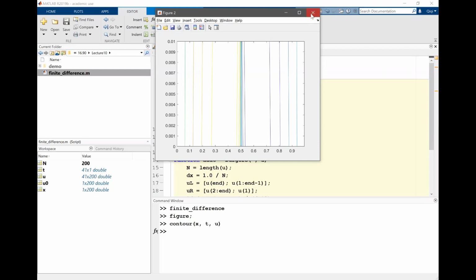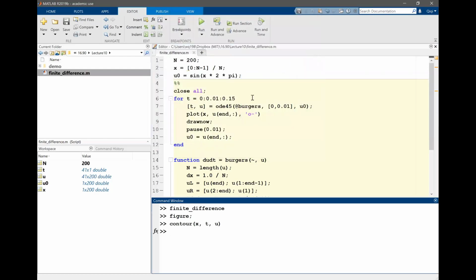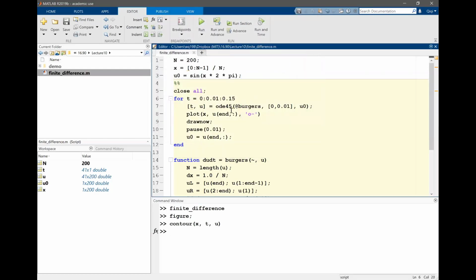Okay, so I think I'm just drawing the contour of our last segment of integration, right? So you can see that I'm actually using ODE45, which returns me the t and u for every segment of 0.01 seconds. So in order for us to get the contour of the whole thing, I think we have to get rid of this loop and integrate all at once.